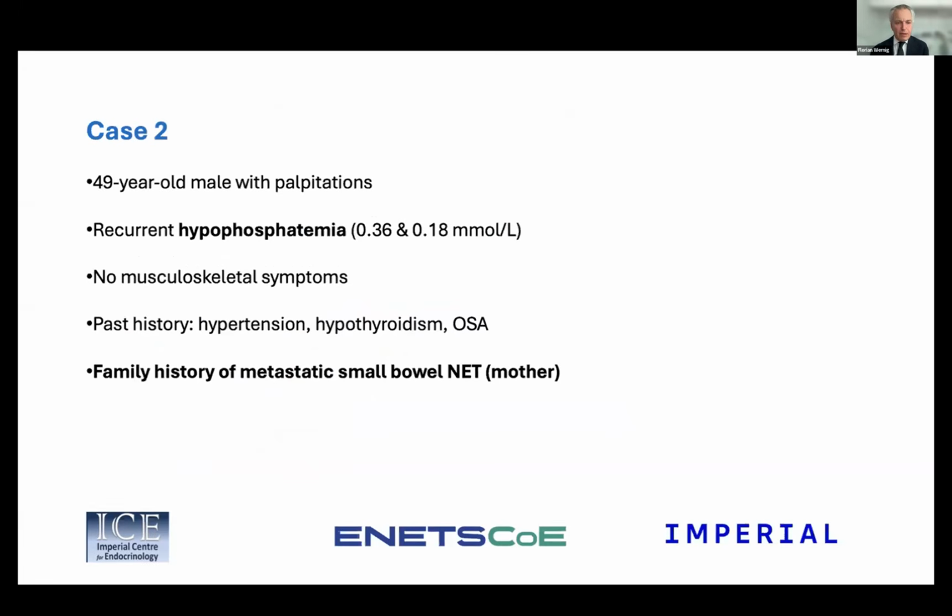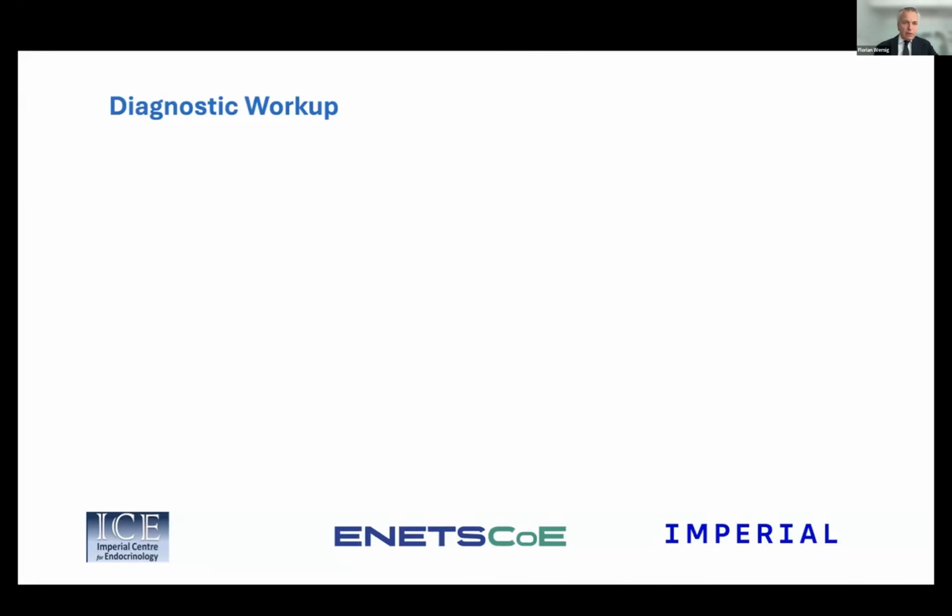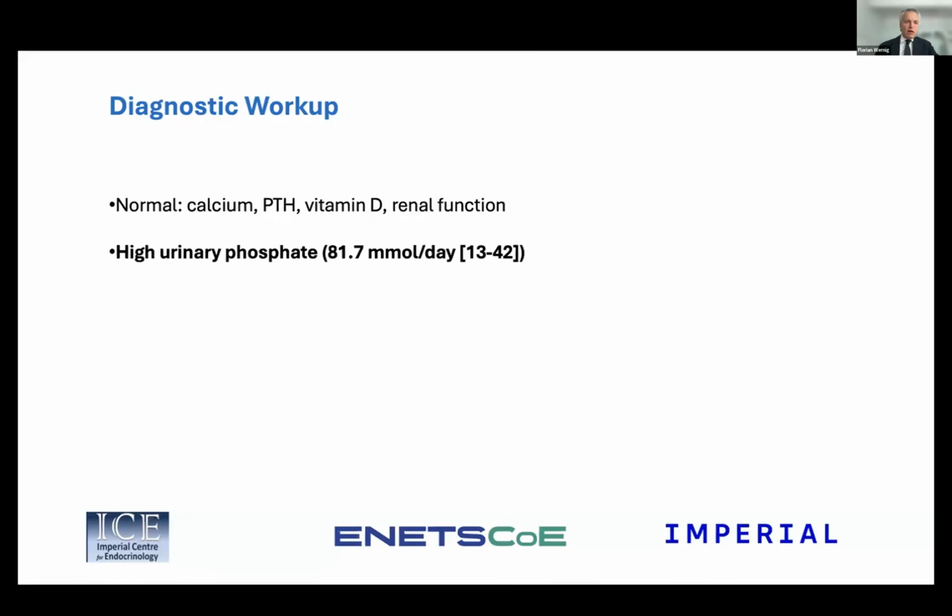Interestingly, he had a family history of metastatic small bowel neuroendocrine tumors, and his mother passed away a year earlier from a metastatic small bowel NET. His diagnostic workup included normal calcium, PTH, vitamin D levels, normal renal function, but a high urinary phosphate of 81.7 millimoles per day.